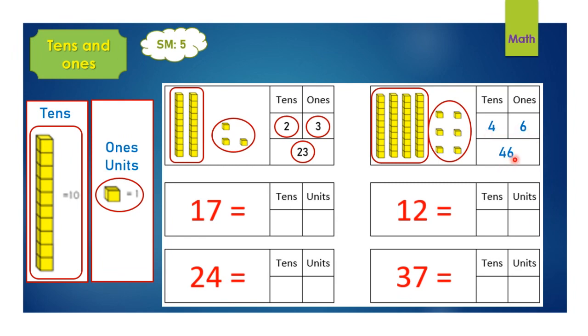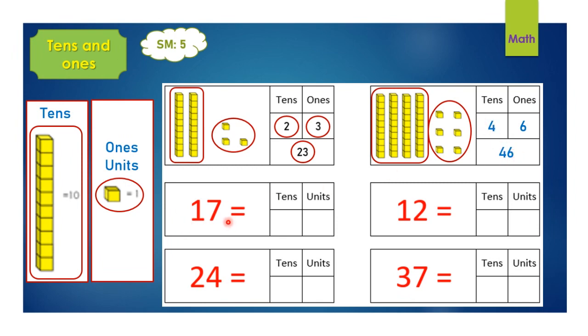46. Now, what if we have a number like this number? Can you read it for me? Yes, it's 17. So, how can I tell which one is units and which one is tens? As you can see in the previous questions, the ones are on the right, but the tens are on the left.